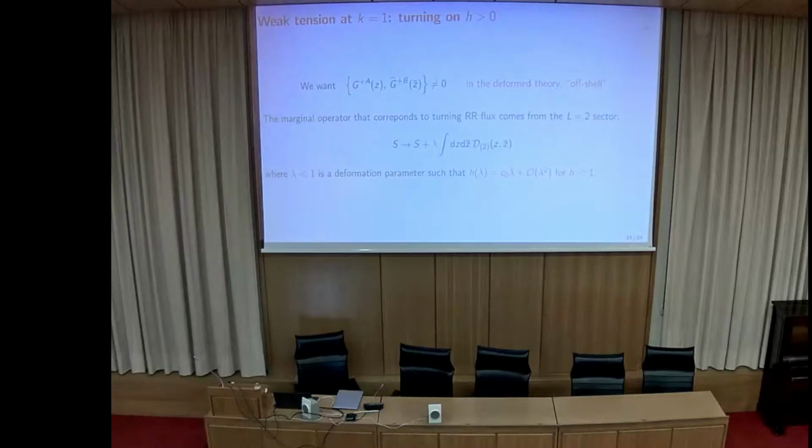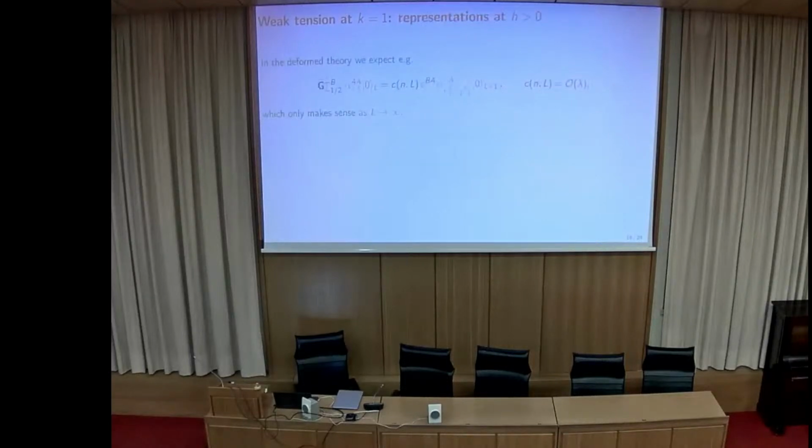You have to pick a particular state of the two-cycle sector with some supercharges, and you construct an operator which is marginal and preserves this new charge, and then you can deform the theory by means of this operator. And what you would expect is that in the deformed theory, in the presence of this operator, you can have a state which is constructed out of chiral excitations, but is not anti-chiral.